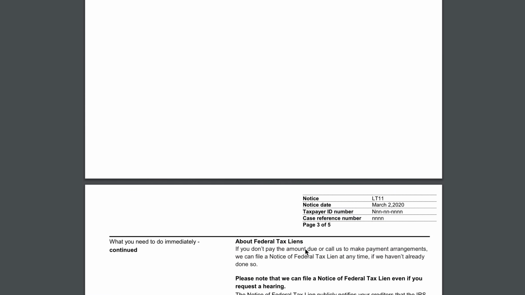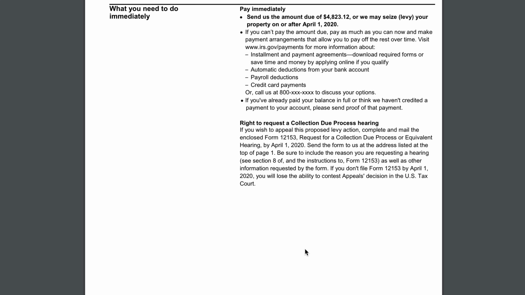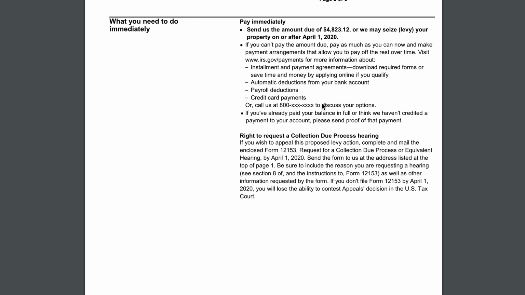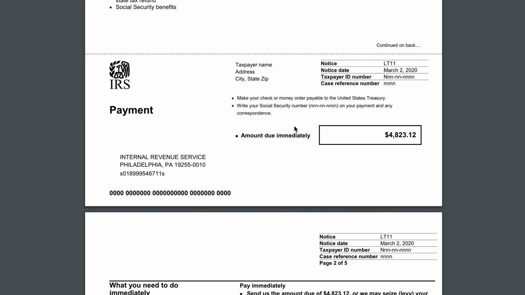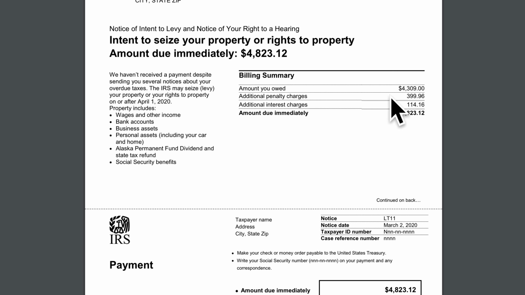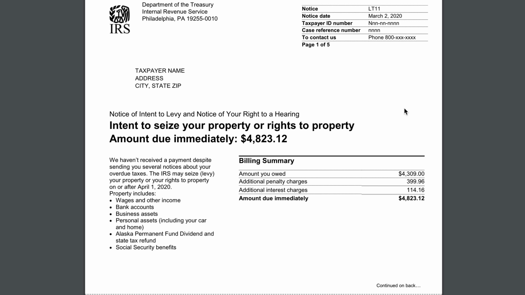In this case, the date is clearly spelled out right here, April 1st. That happens to be 30 days from the date of the notice. But some notices say, please respond within 30 days, or please do this within 10 days. So pay attention to the notice date.